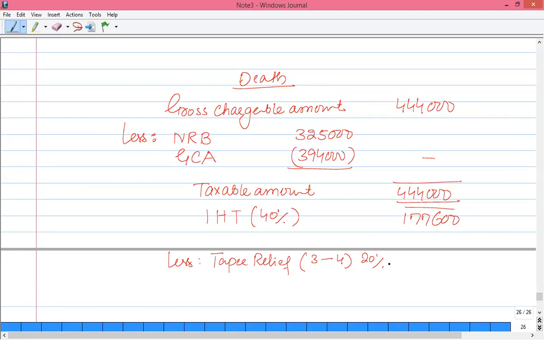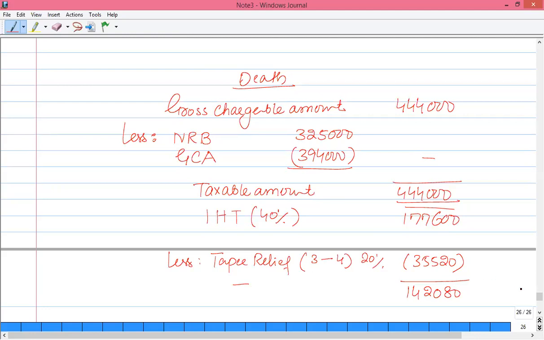So we have to deduct 20% of the tax, 177,600 into 0.2, that means 35,520 is deductible, and the remaining value is 1,42,080.